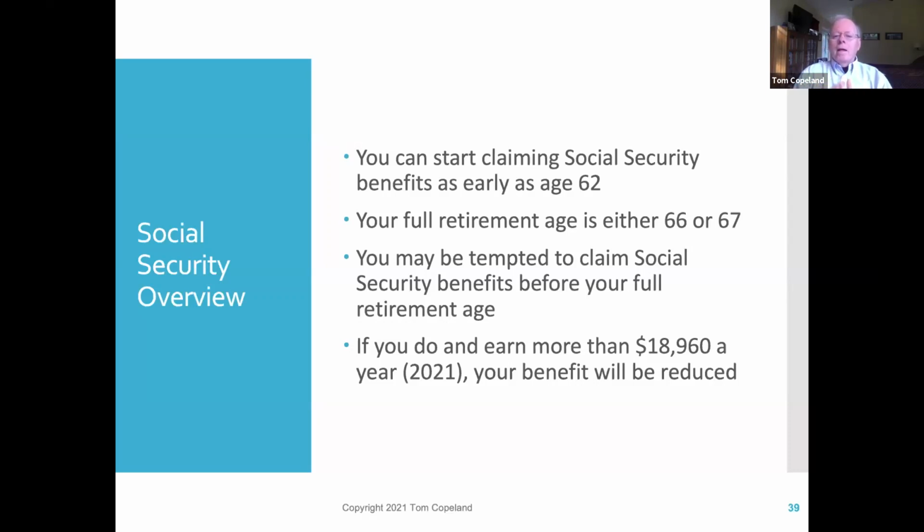Well, if you earn more than $18,960 profit this year and claim Social Security before your full retirement age, your benefit will be slightly lower. Now, maybe that's still what you want to do, but you just need to realize you're not going to get quite as much from Social Security.